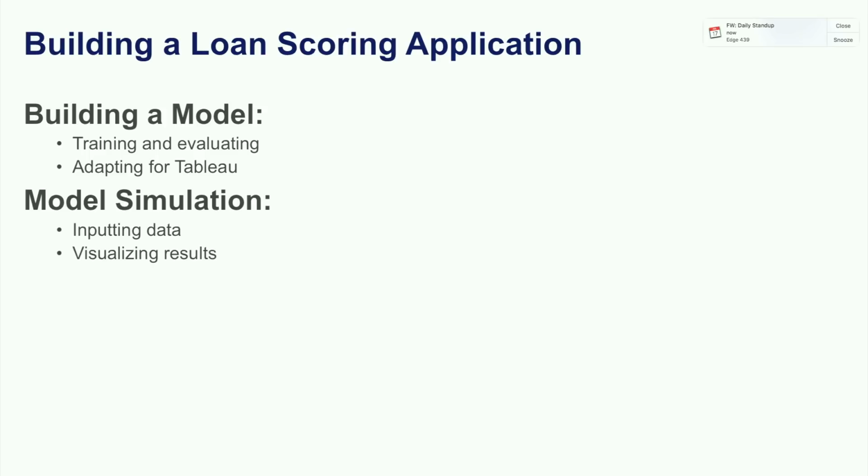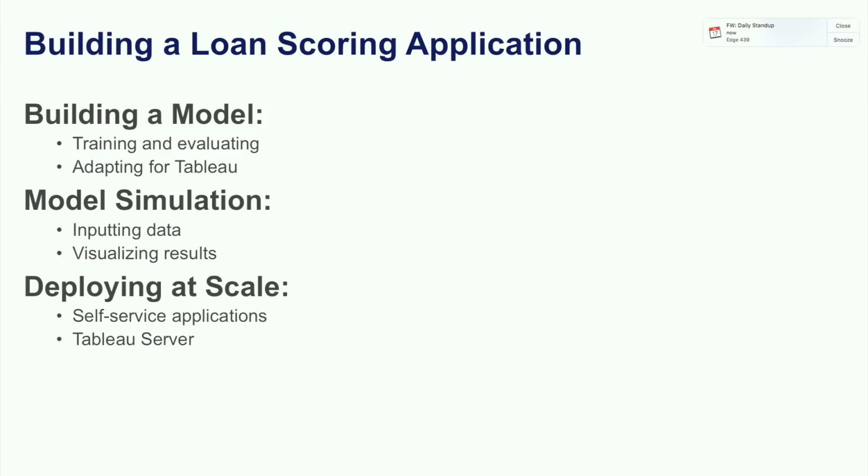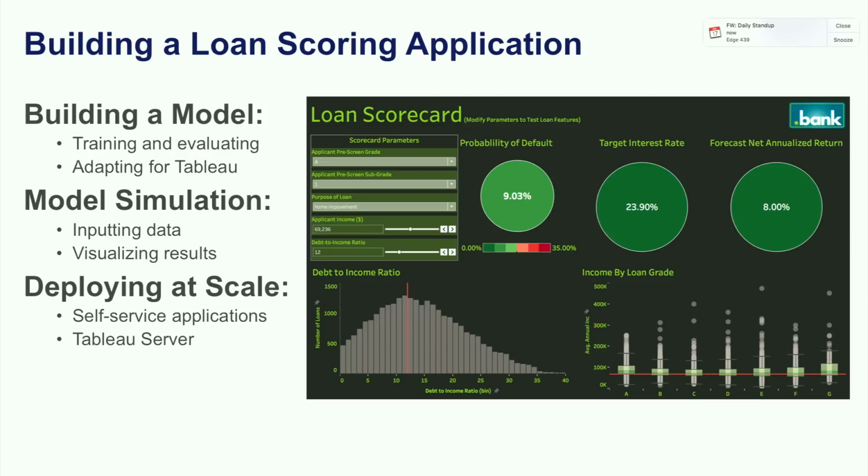Model simulation. Once we have that model deployed, we can actually use the interactivity and parameters in Tableau to pass new data and generate new results from the model that we may want to explore in real time. And then we can use Tableau Server to share and scale this application. And that gets us to our scorecard, what we're going to take a look at today.